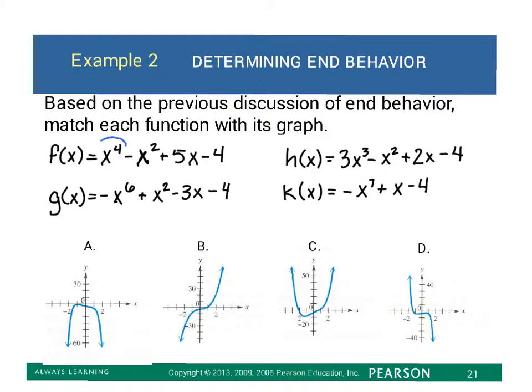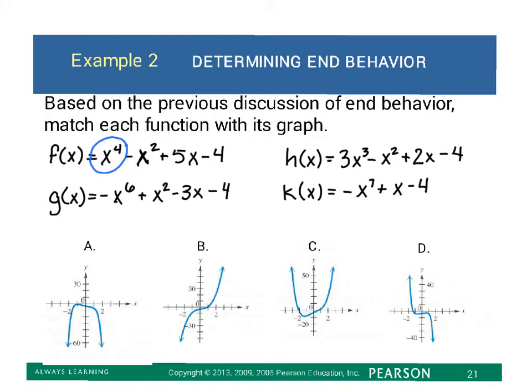Okay, so looking at this first one, f of x, the leading term here is x to the fourth, so it's an even degree polynomial, and the leading coefficient is positive. So if it's positive and even degree, remember the shape of the graph is going to begin in the positive y area and end in the positive y area.